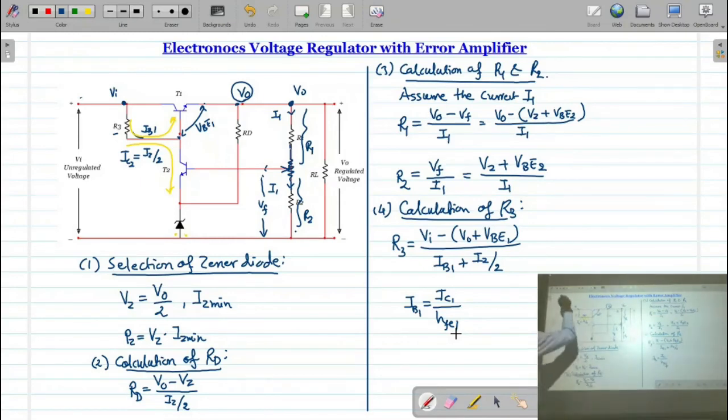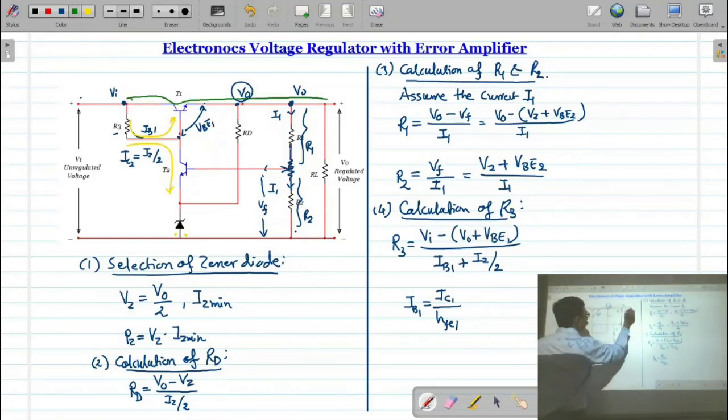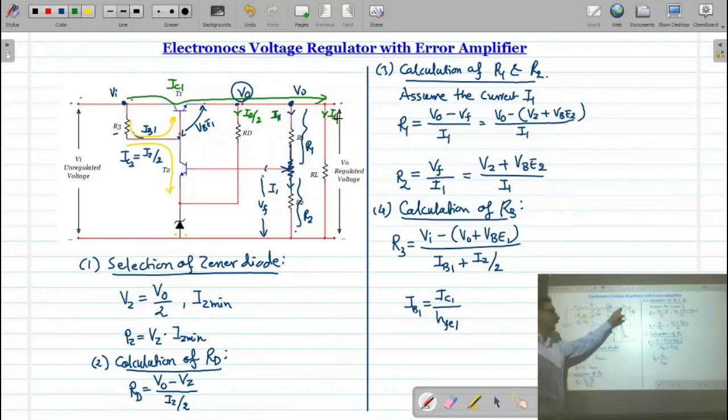Again, try to understand: whatever collector current flows here, this collector current IC1 consists of IZ by 2, I1 and IL. Remember, this collector current is going to divide into three parts. The IZ by 2 current passes through the Zener diode, current I1 passes through your feedback resistance, and the load current passes through the load resistance.